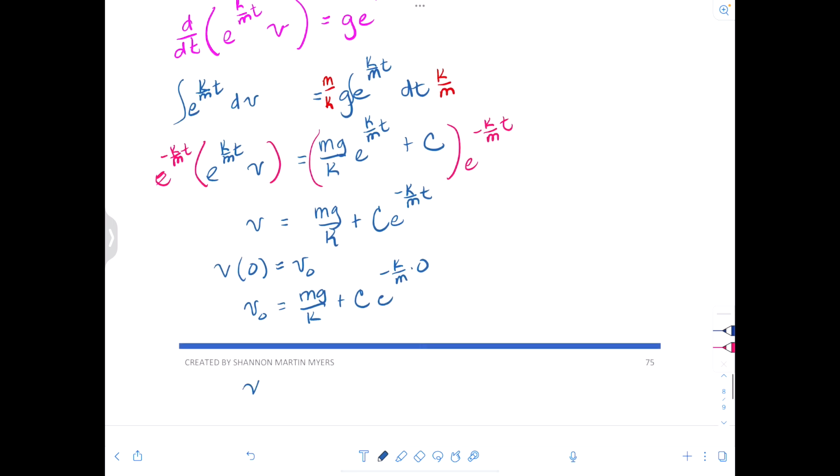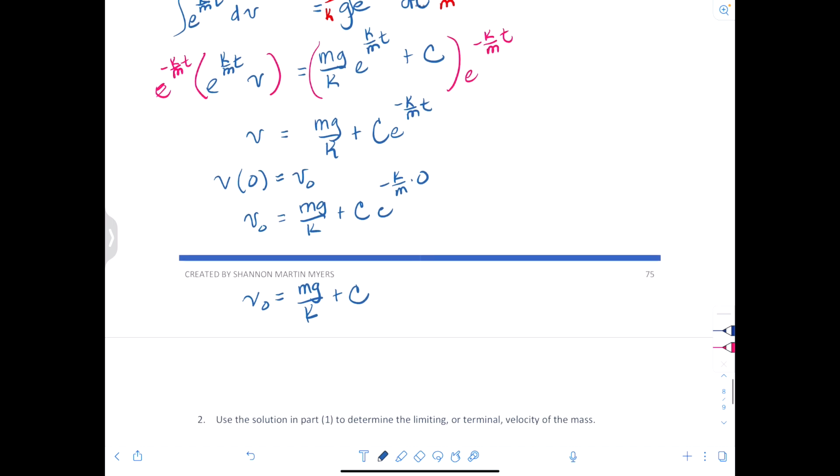And that will give us v0 is just equal to mg/k + c. Good so far? All right, beautiful. So one more little thing. Let's go ahead and isolate c, and we'll have v0 - mg/k is our c.